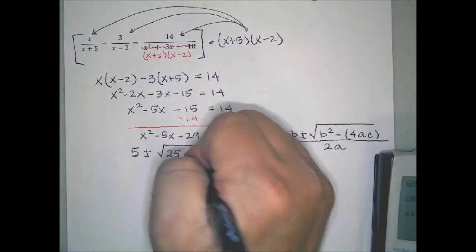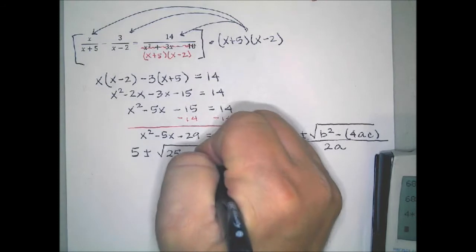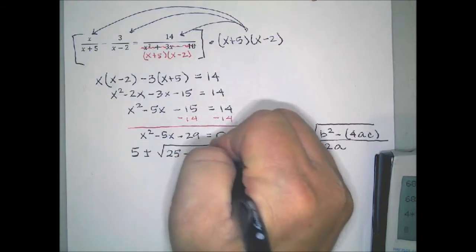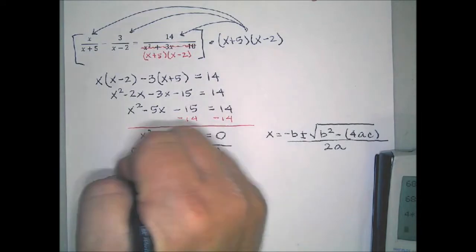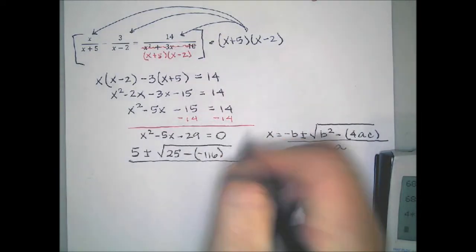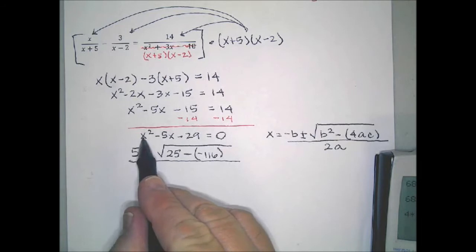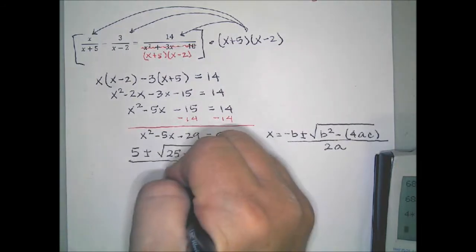So 4 times a times c gives me a product of negative 116. All over 2 times the a value, so 2 times 1 is 2.